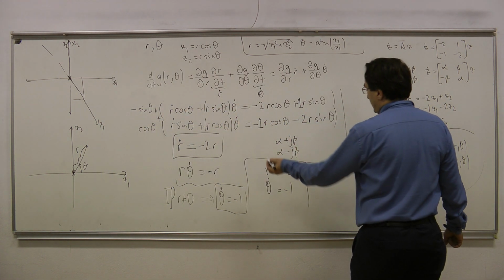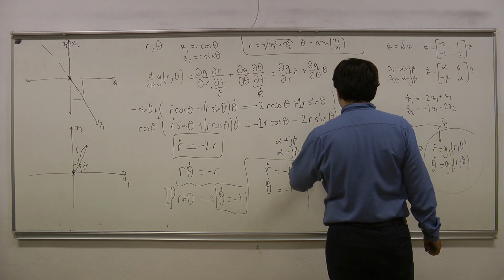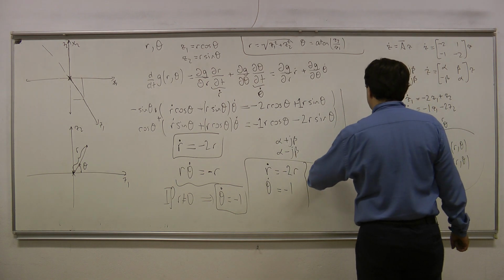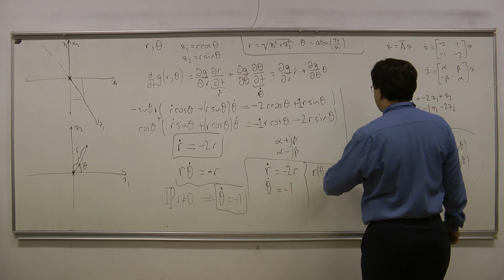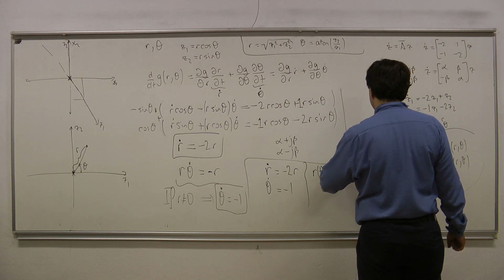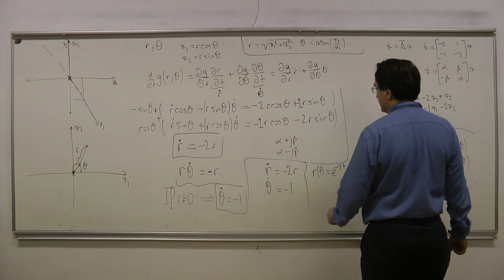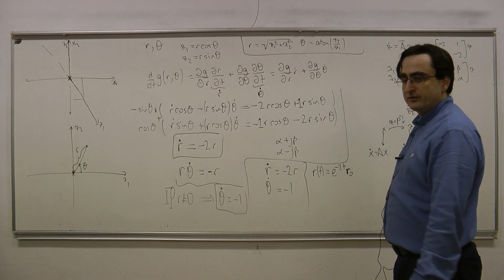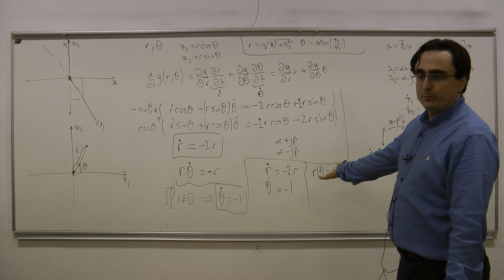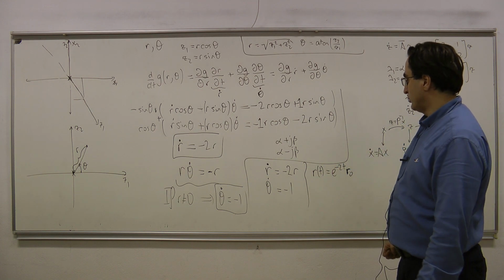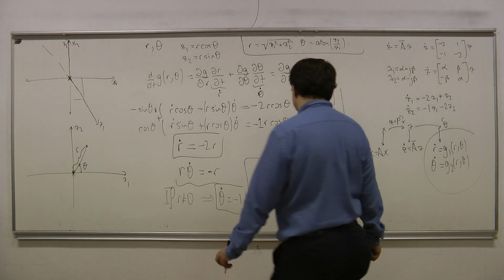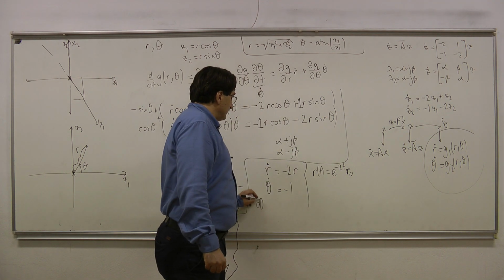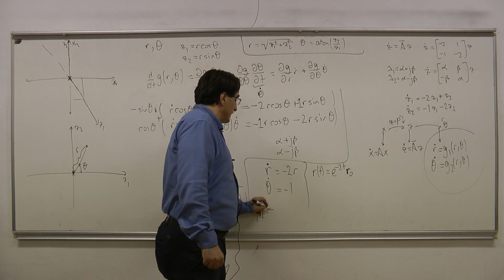So let us solve this equation. It tells us that R of t is equal to e to the -2t times R0, the initial radius. And what about theta dot? If theta dot is equal to -1, I hope you know how to solve that type of basic differential equations. So this is d theta over dt is equal to -1.